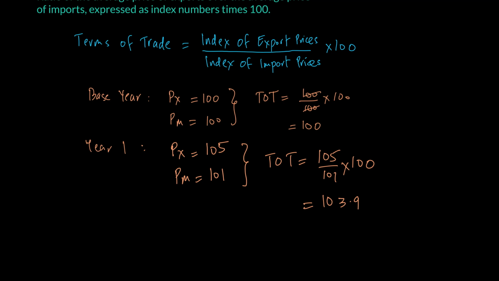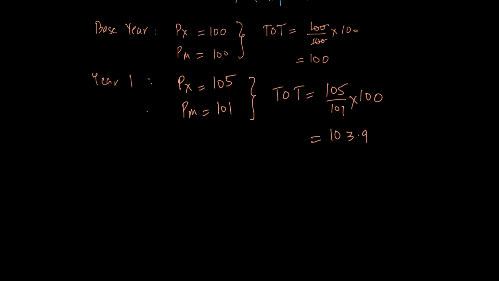Now, what if we have another set of numbers? What if in year one export prices were going up by 2%, so that's 102, but import prices were rising by 5%, so 105? Now import prices are rising faster than export prices.